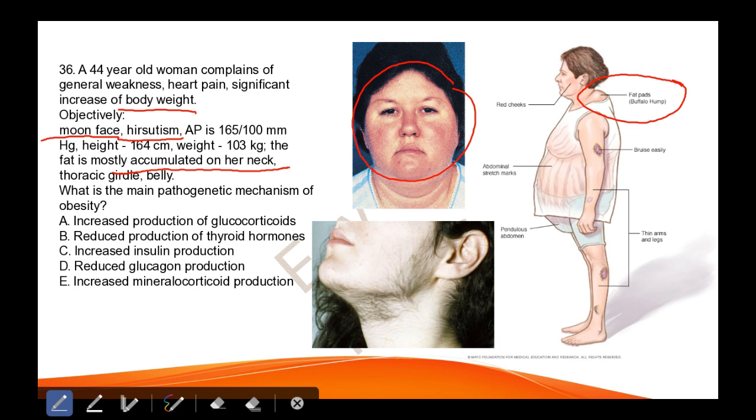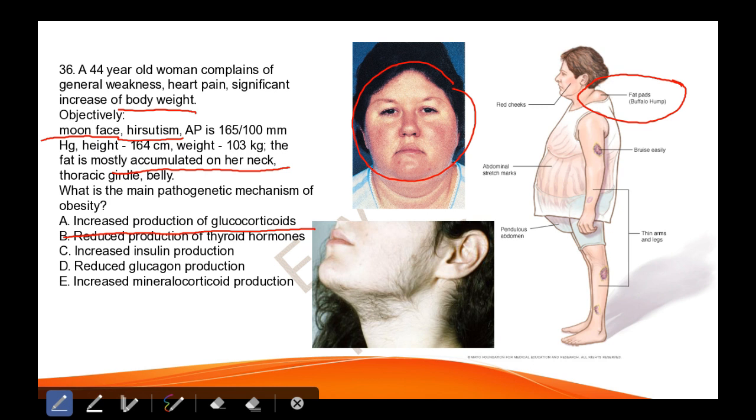When you see the question the first time, you can think that the body weight and the obesity is coming from maybe reduced production of thyroid hormones, meaning decreased metabolism, or because of increased insulin production. This is as a consequence of insulin resistance. And also, you will be right if you choose glucocorticoids, because it's a Cushing syndrome.